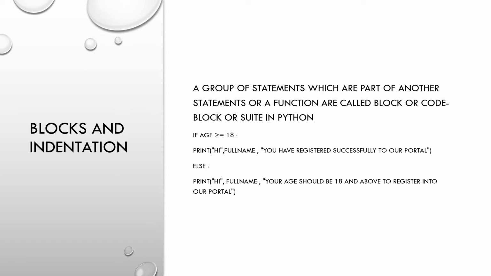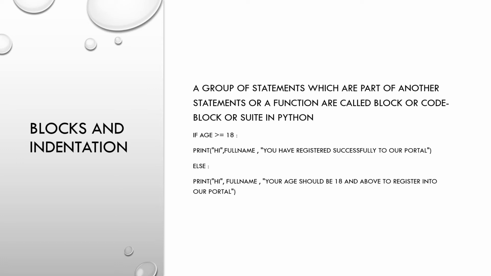So if age is greater than or equal to 18, then I'm going to print, hey, full name of that person, you have registered successfully to our portal. So this is how it will work. If the age is not greater than 18, let's say you put age equal to 16, this line after the if condition will not work, and it will go to the second line. Then it will display you are not eligible to register.